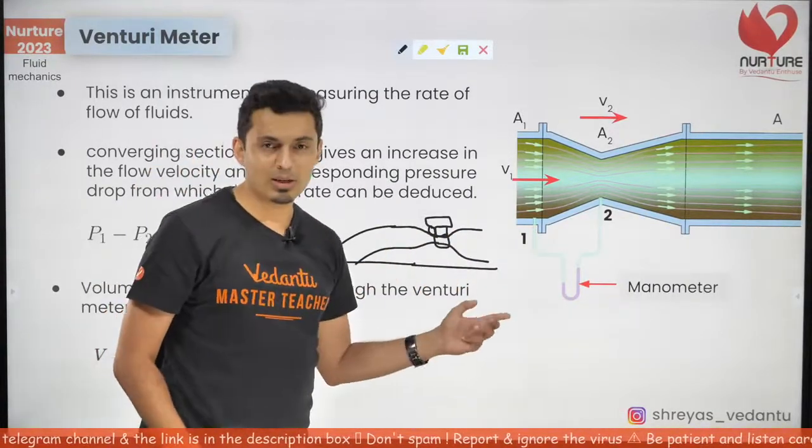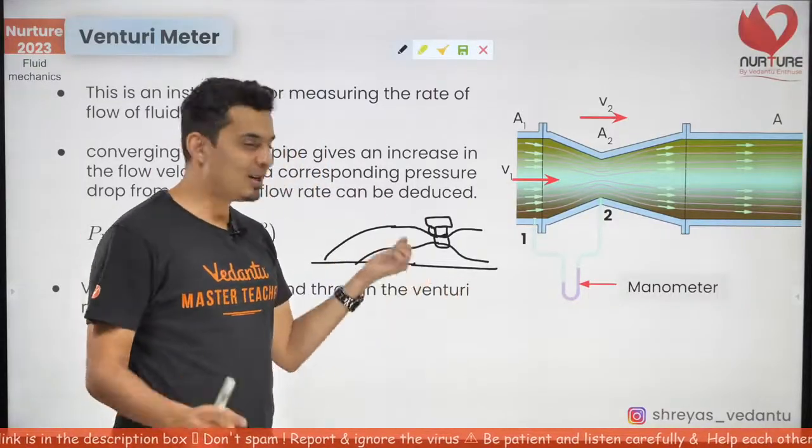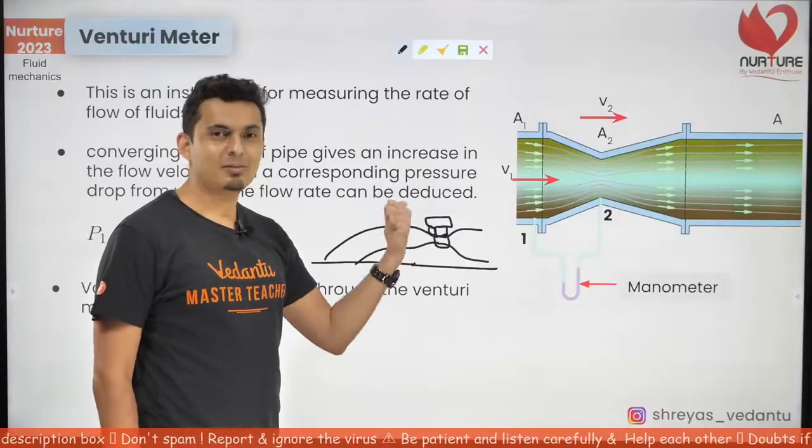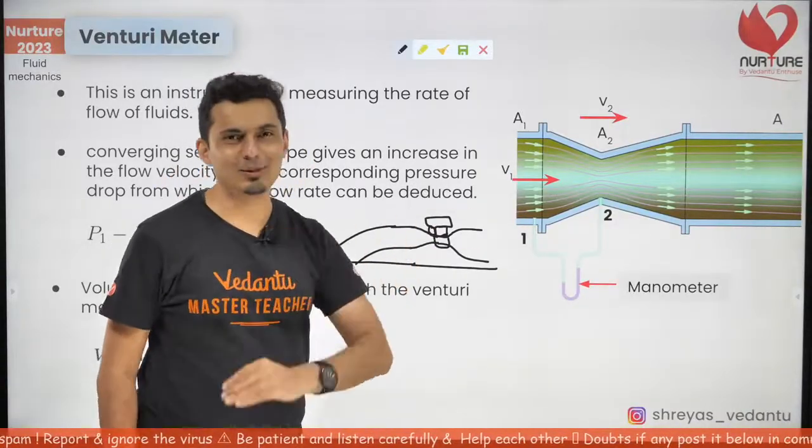You might have wondered what this is, but maybe you did not even bother about it. Next time you see it, you will remember that this is a Venturi meter, which is just used to see how much liquid is flowing inside the pipe.